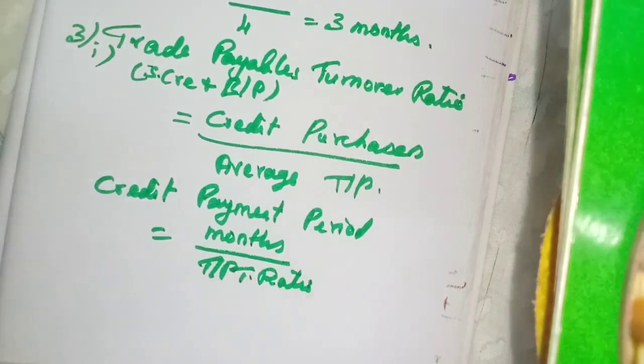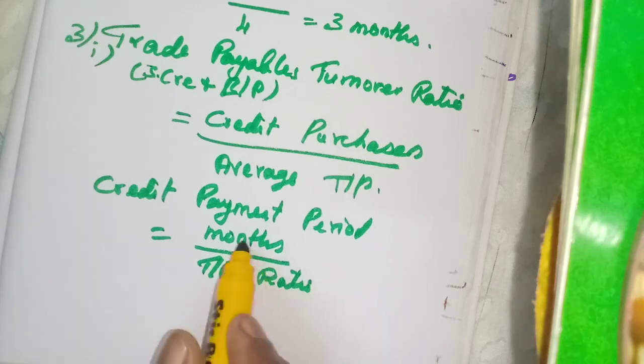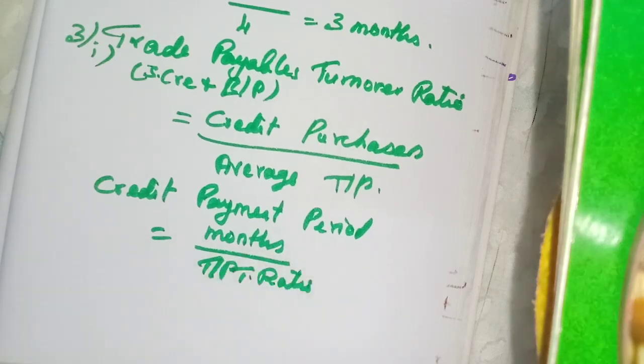So now I will read the 10th problem. From the following figures obtained from Arjun Limited, calculate the trade payables turnover ratio and credit payment period. Here they have asked in days, so we have to write the number of days in the year.